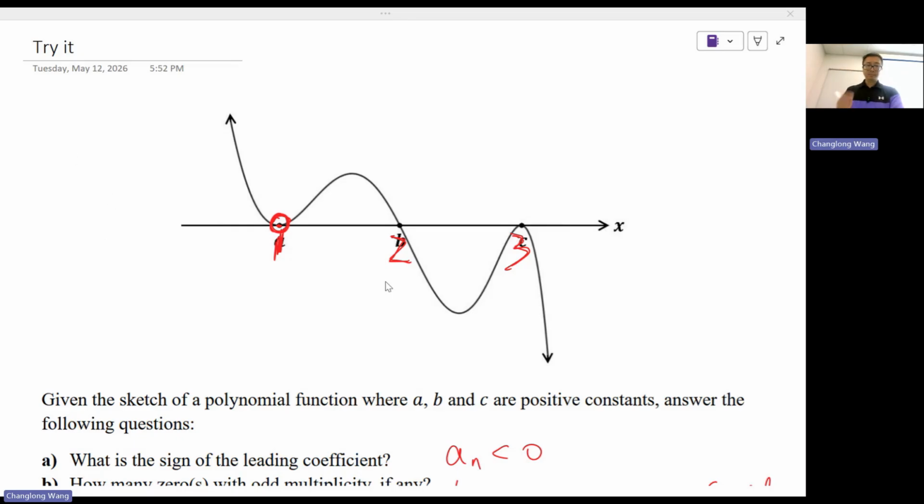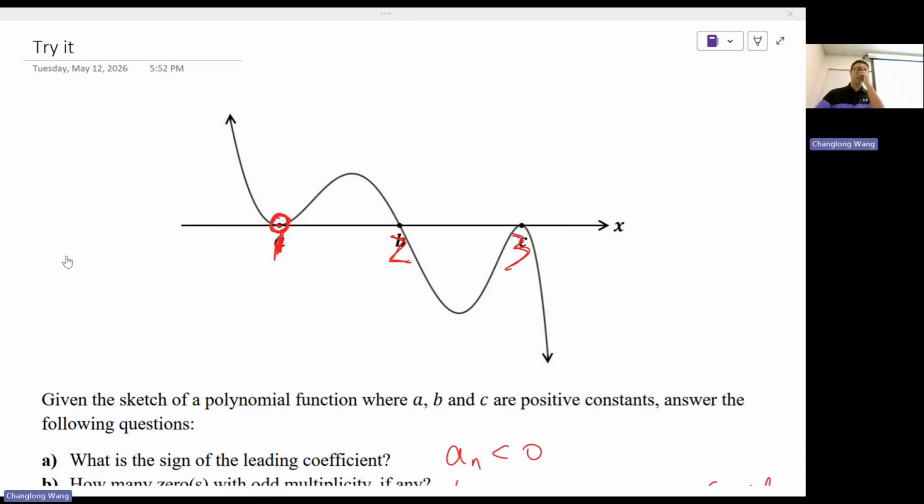And you can have x to the third. Okay, now let me get rid of those things. So that's x to the third compared to x to the fifth. Right.